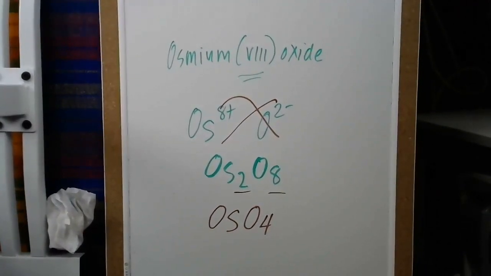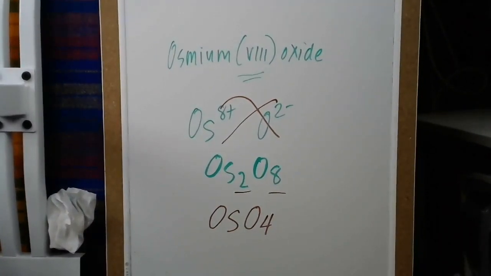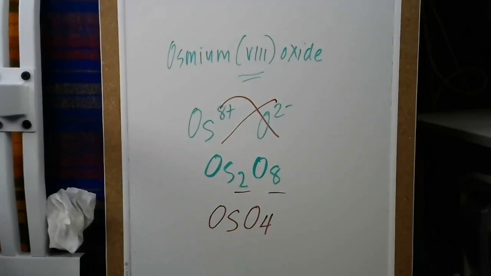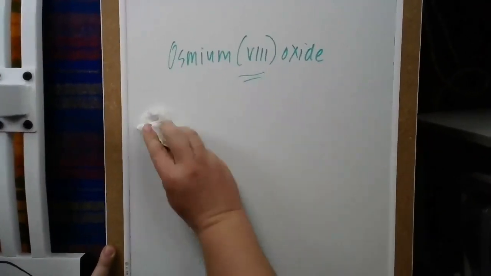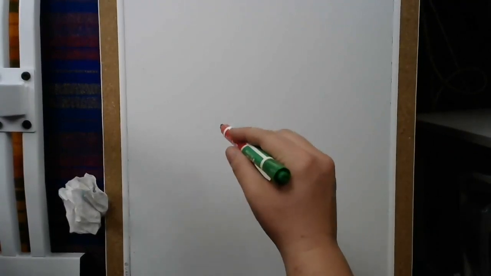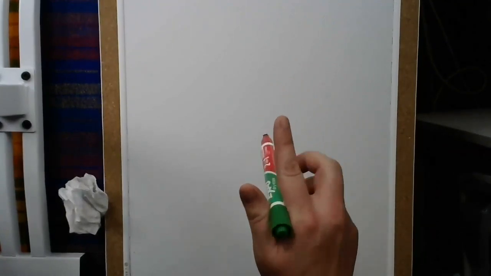Let's do number 19. What's the empirical formula of a compound such that 200 grams of it contains 87.2 grams of phosphorus and 112.8 grams of oxygen? All right. So what do we do with this? Okay. I mean, when we're looking at empirical formulas, right?